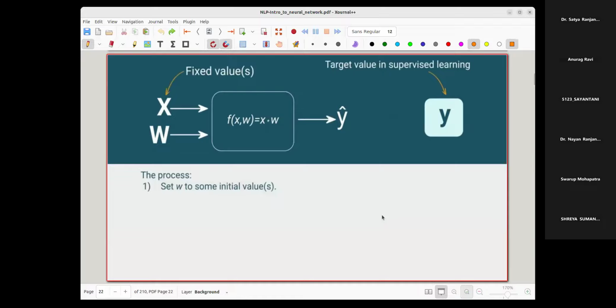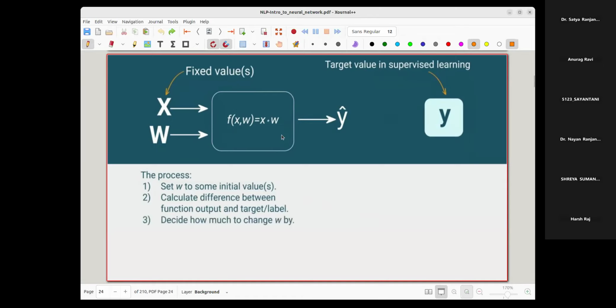So how are we actually learning W, or that function? The process is very simple. First, set W to some random initial value. We are initializing W to some random value, then calculate the difference between this function's output and the actual target.